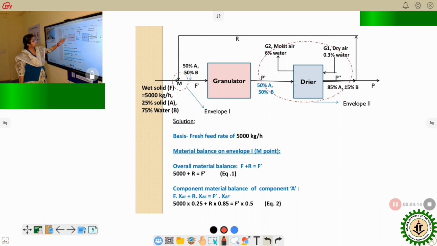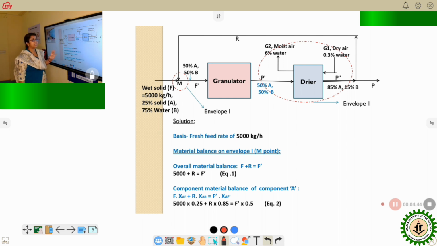After mixing, it is giving a new mixed feed, the notation is F dash, and a new composition is developed, that is 50% A, solid percentage, from the two compositions 25% and 85% A when mixed. Now, when granulation is over, we are getting the new product P dash.